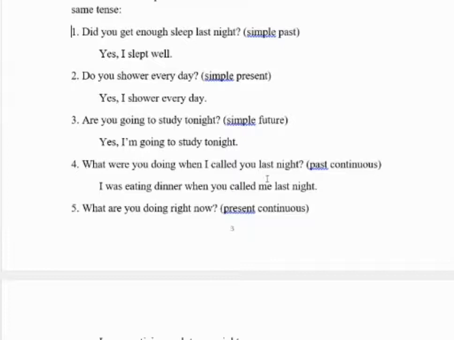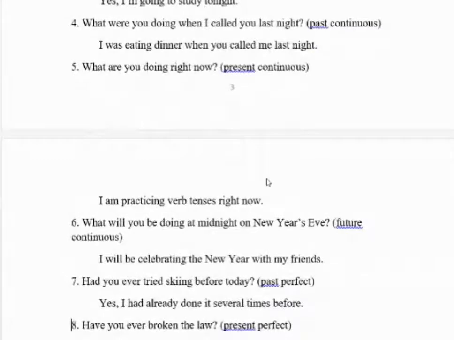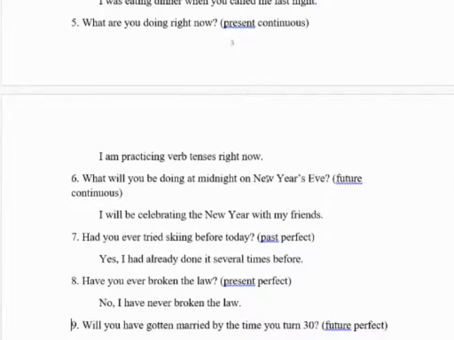Number 5: what are you doing right now? Present continuous. The answer: I am practicing verb tenses right now. So again, it depends on the subject. If I ask what is she doing right now, I'm asking about a person.